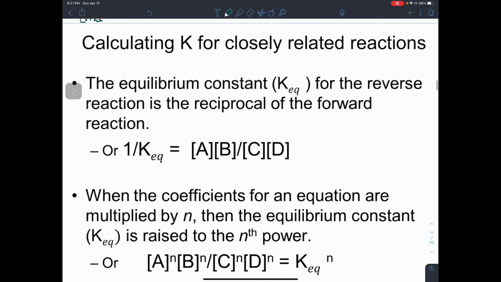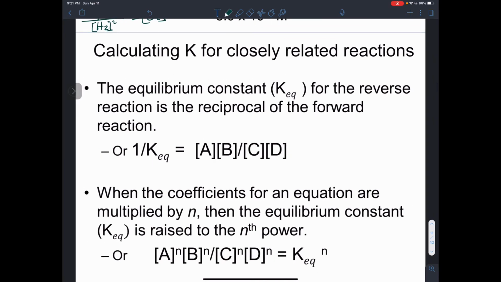Now, there are some sort of shortcuts to calculating K. Once you have K for a certain equation, if that equation somehow changes, you don't have to do all of the work again. So the equilibrium constant for the reverse reaction, for example, is simply the reciprocal.